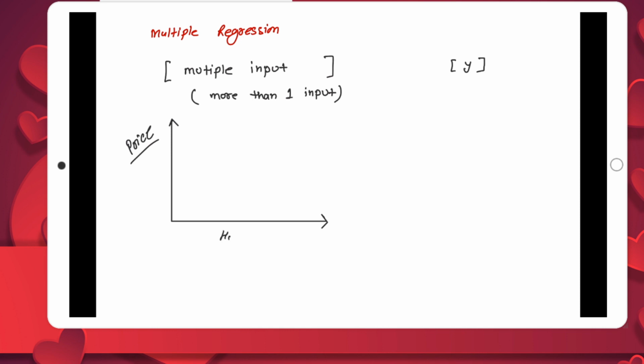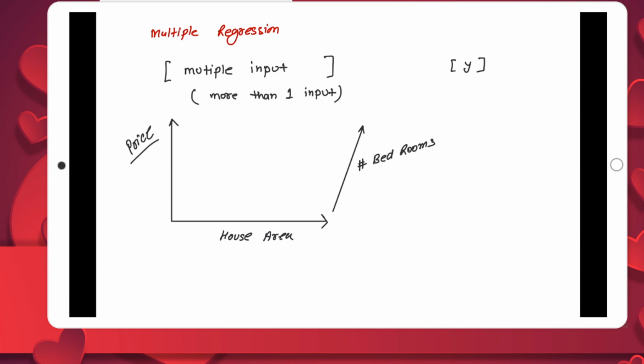Let's say once again we have here house area, but along with this house area, we are also going to have a third input parameter. And let's say the third input parameter is going to be the number of bedrooms.